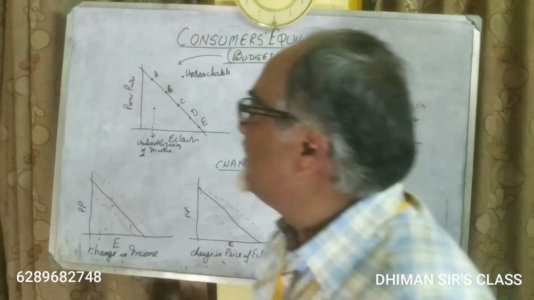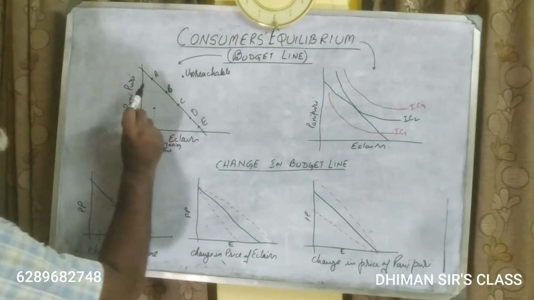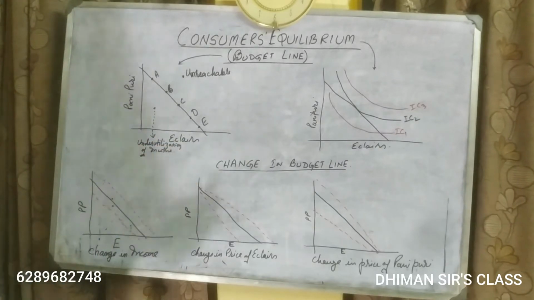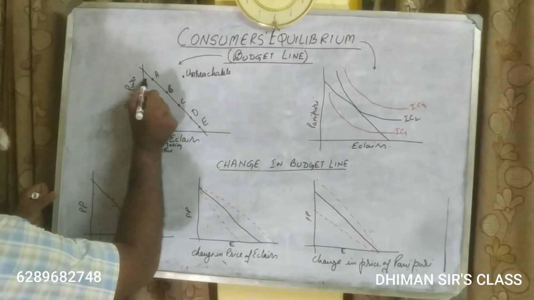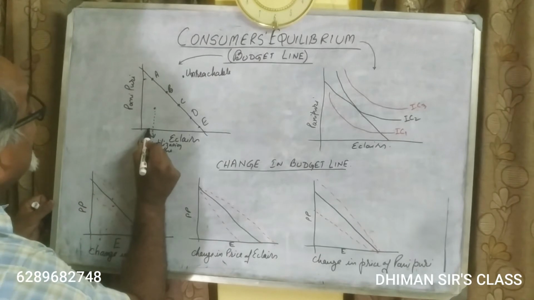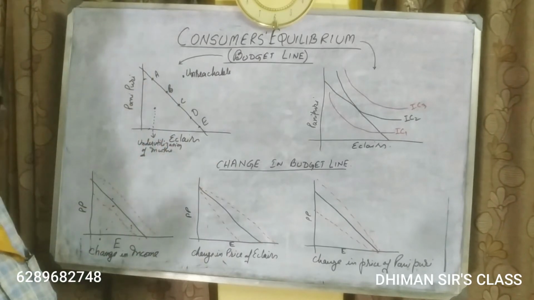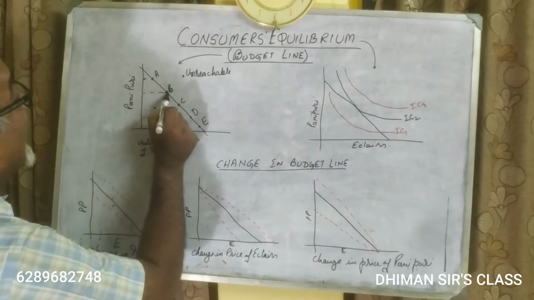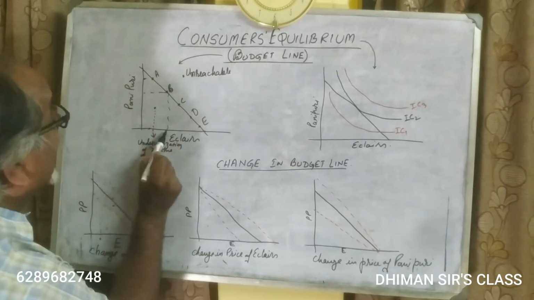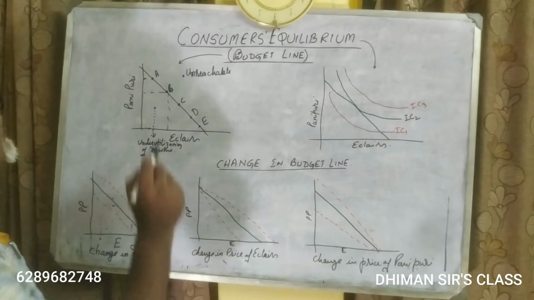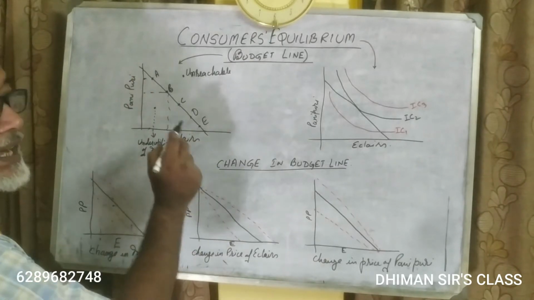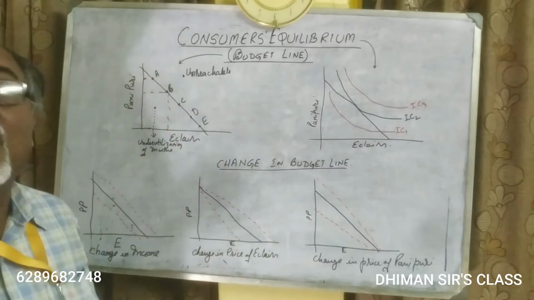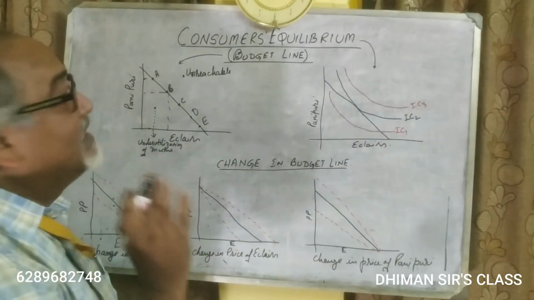But there are other combinations, see A, B, C, D, E. If I consume this much pani puri, then definitely this much eclairs I can consume. If I reduce pani puri, then this much eclairs are increased. When these options are joined, a curve is formed, and this curve is called the budget line.